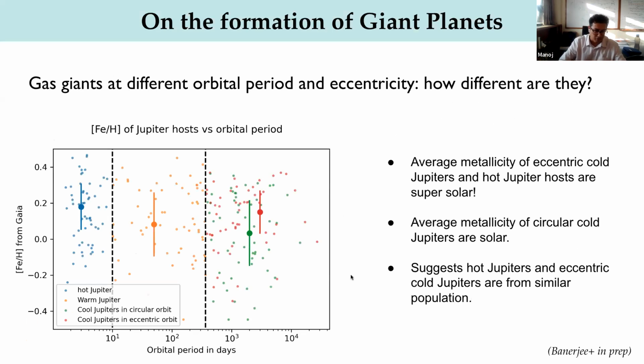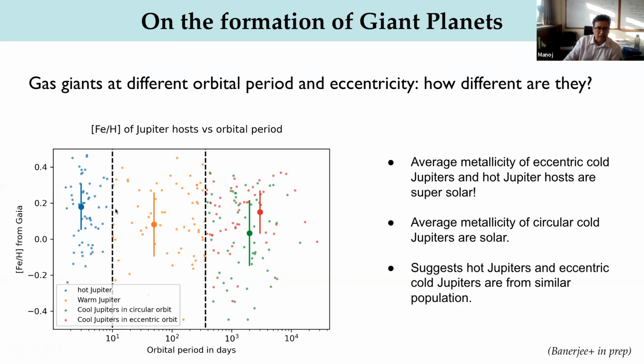After looking for the correlation between metallicity and the planet mass, the next thing that we want to do is see how Jupiters correlate with the stellar metallicity, for Jupiters at different orbital periods. Here, the first bin is hot Jupiters: Jupiters with orbital period less than 10 days, very close to the central star.